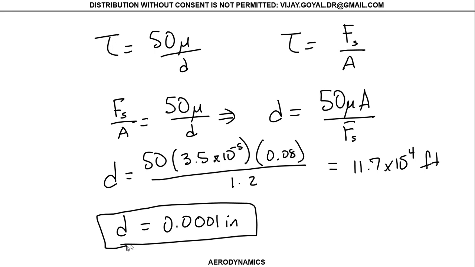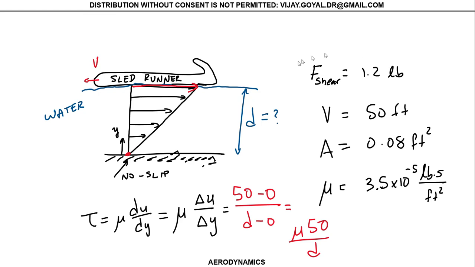That will be the distance at which I will have this particular shear flow for this given speed and for the whole developed area. So we are talking about the area of this sled and the viscosity of my water. You can see the problems are not very complicated. You just have to know what you're given and what you're asked for.